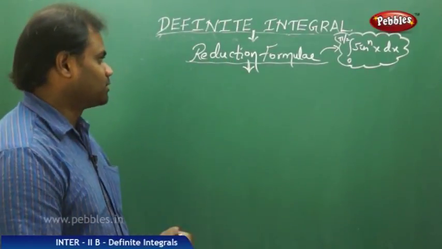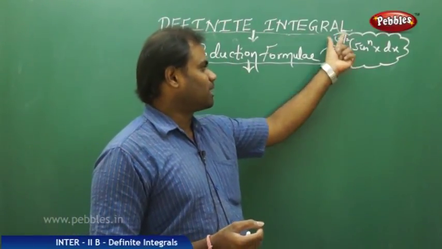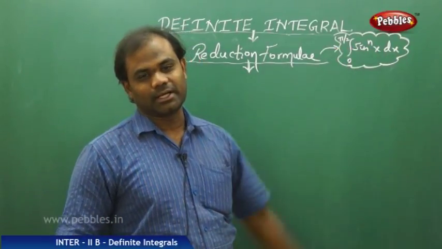Now let's see the reduction formula for integral 0 to pi by 2 of sine power nx dx.